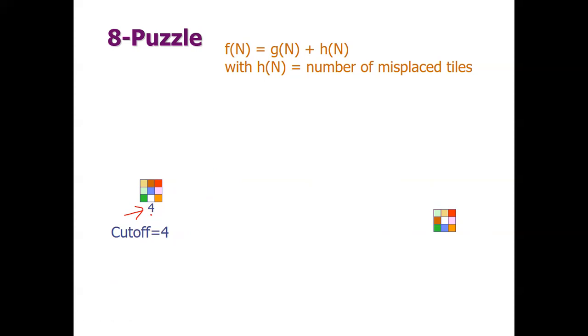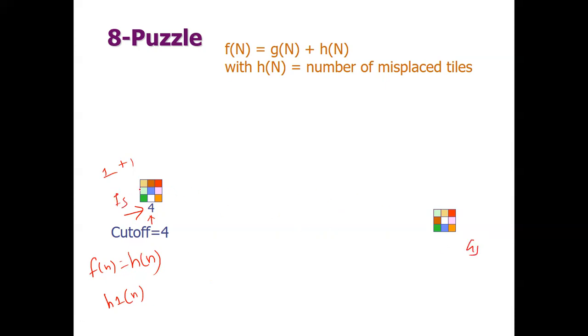Here is how we got this value 4. We are assuming that f of n is equal to h of n, that is, f of n is the same as the heuristic function. We got 4 because we are following the first heuristic function, which counts the misplaced tiles. This is the initial state, and this is the goal state. Compare these two.